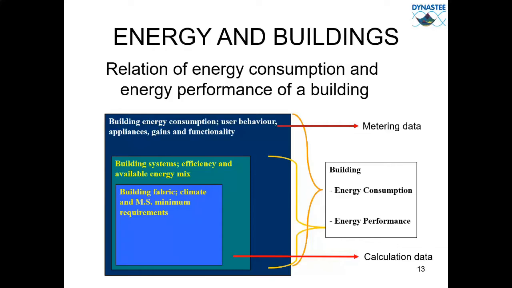Often we can get that kind of information from the metering data. Metering data includes the energy used by the consumption of the users as well as the fabric in its climate. In the future, we will look more into detail at the relation between calculation and metering data.